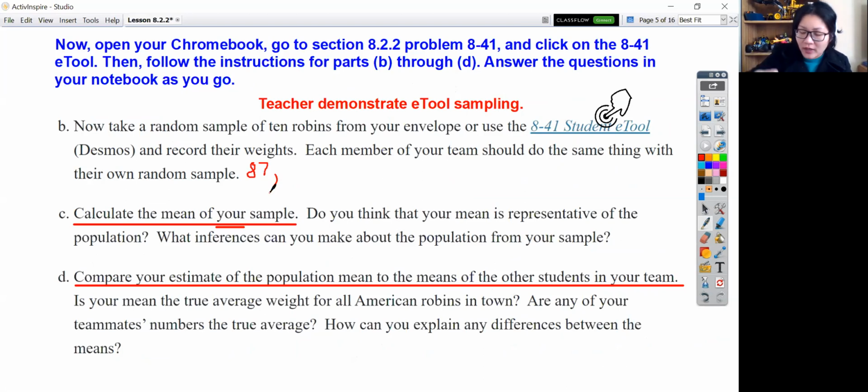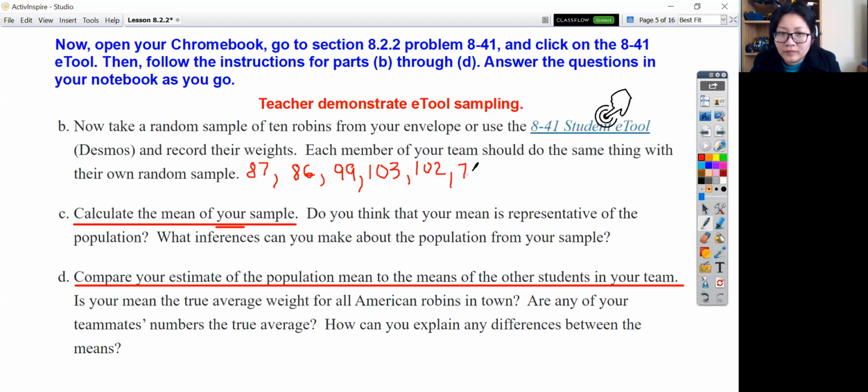The next one, 86. 99. 103. 102. 79. 103. 76. The last one, 91.